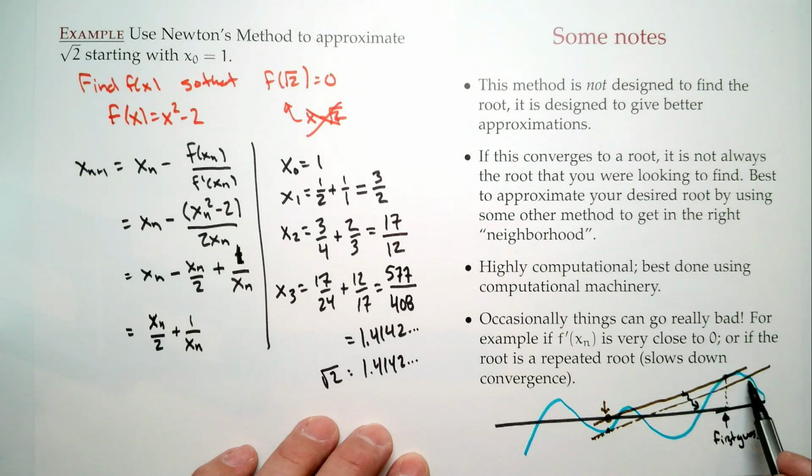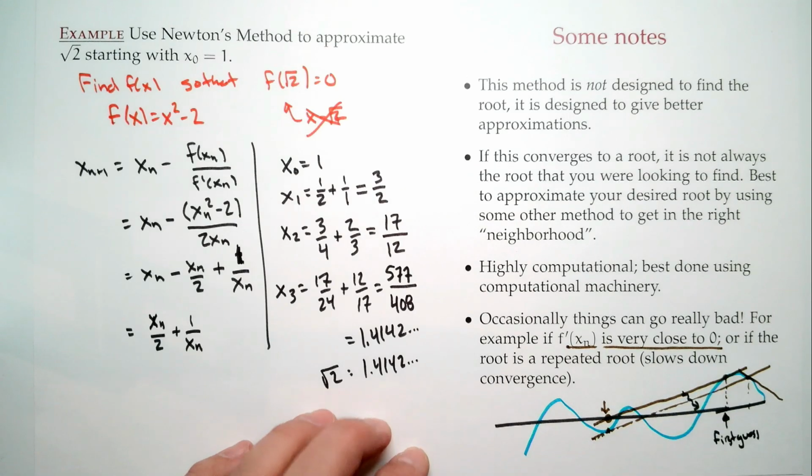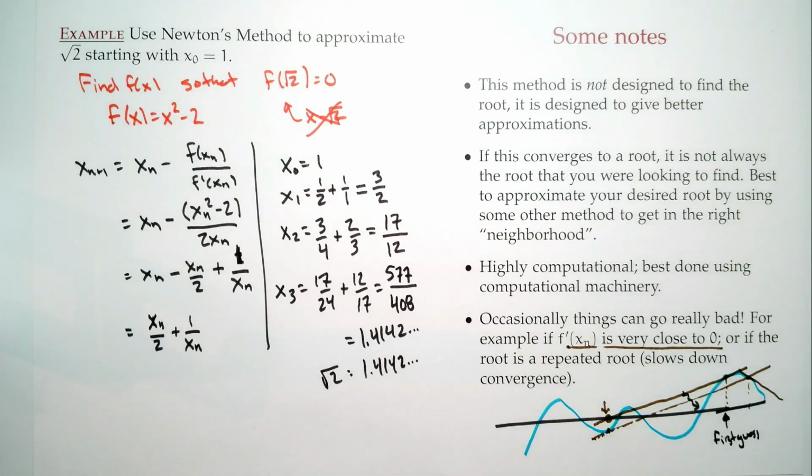It's going to start moving you all over the place. So you have no idea what happens if you end up at a place where f prime of xn is very close to 0. Whenever your derivative is close to 0, things can sort of get messed up. So just be careful. The best thing to do is try to get close to your root. And if you are close to your root, things tend to work out fairly well.